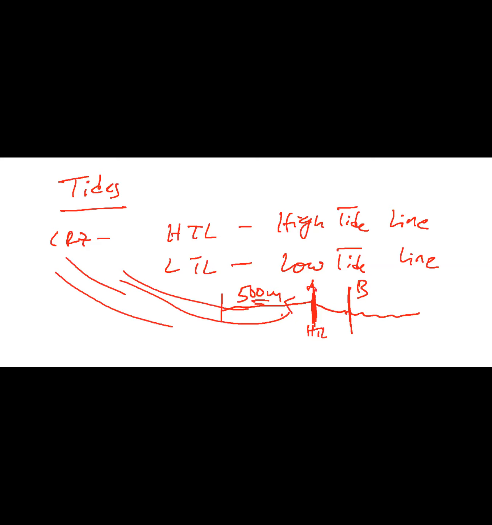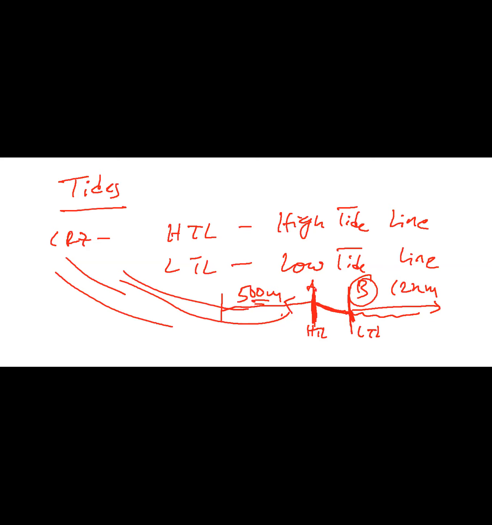The second one, point B, is what we call the low tide line. Low tide means the receding of the tides. From the low tide line towards the sea, 12 nautical miles. In one of the previous classes, while discussing UNCLOS, we discussed this. 12 nautical miles means the territorial waters.